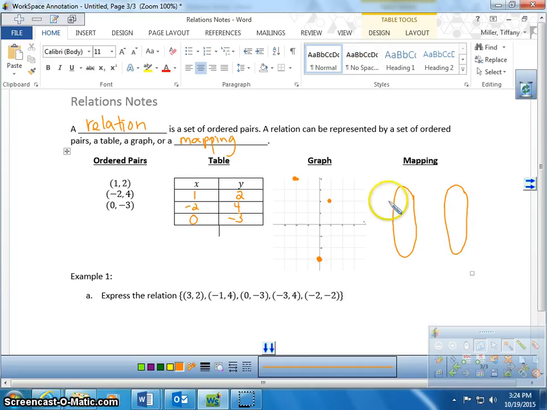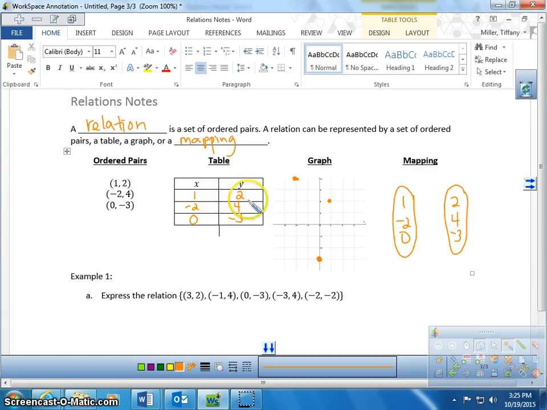Okay? You're going to list all your x's in this mapping. So 1, negative 2, 0. Now you're going to list each y in this oval. 2, 4, negative 3. And then you're going to draw an arrow that corresponds which x to which y.